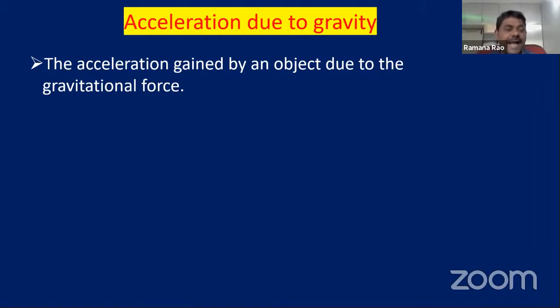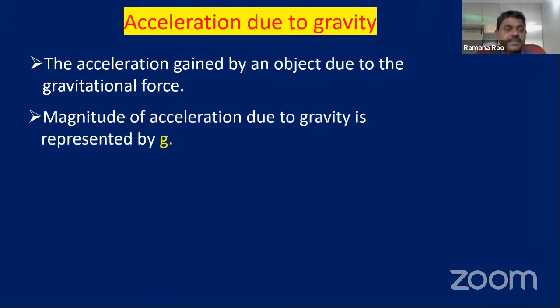It is going to be accelerated. So acceleration is produced by the gravitational force. The acceleration gained by an object due to the gravitational force is known as acceleration due to gravity. The magnitude of acceleration due to gravity is represented by g. The small g is the letter used for the representation of acceleration due to gravity.